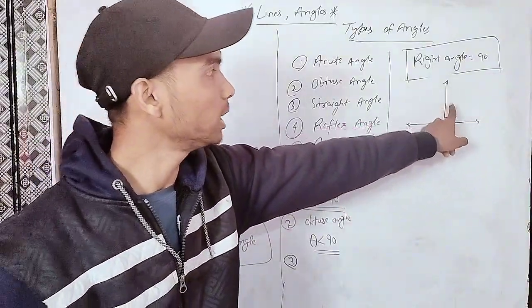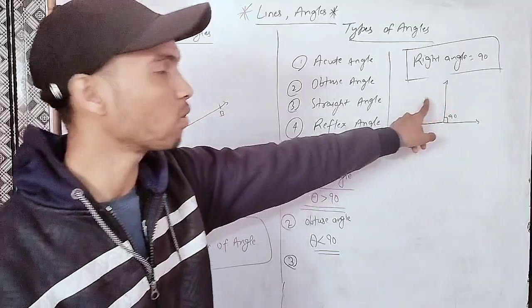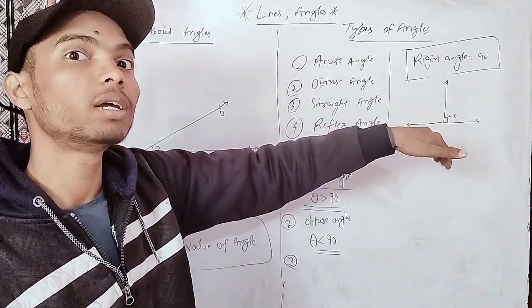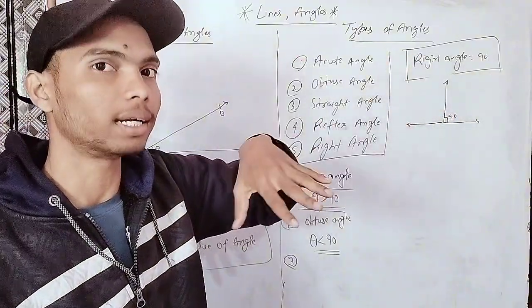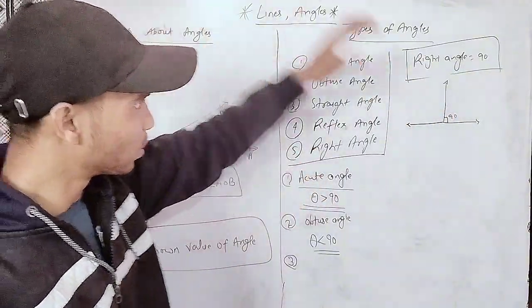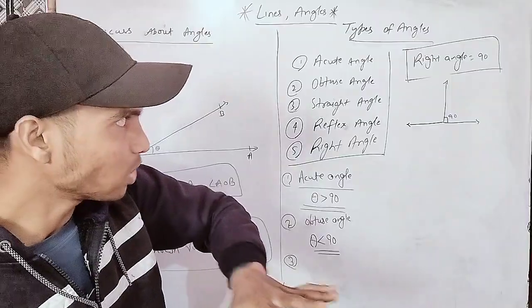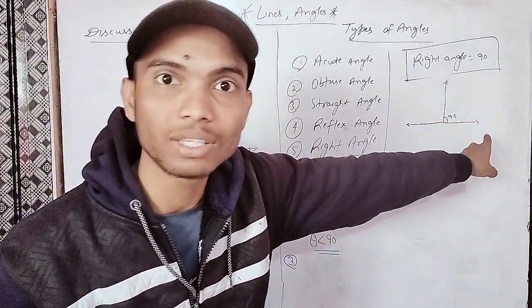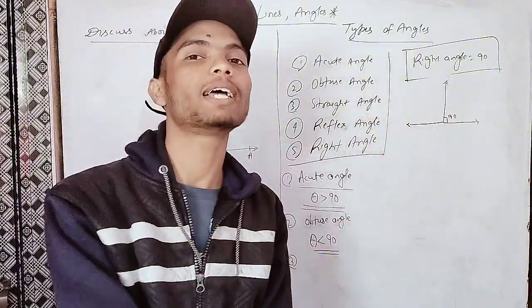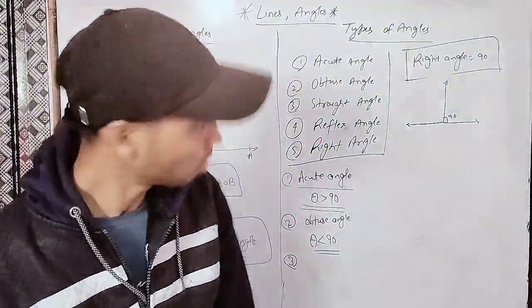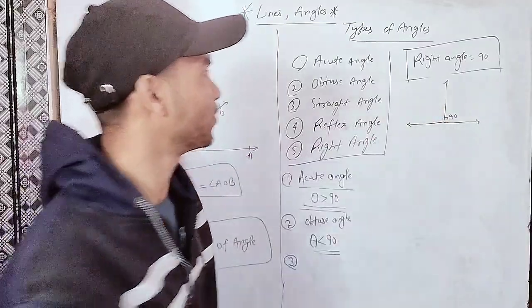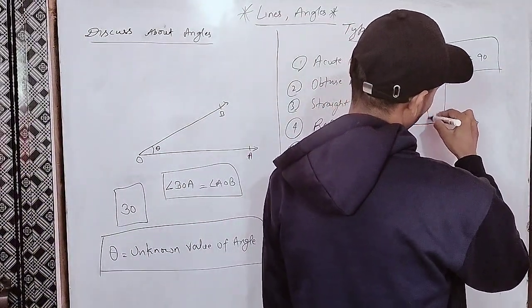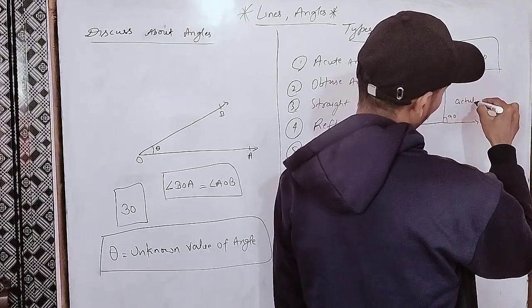So now it will move this side, and of course the value of the angle on this side will be more than 90 degrees. So the angle on this side would be named acute angle, and this side would be known as obtuse angle.